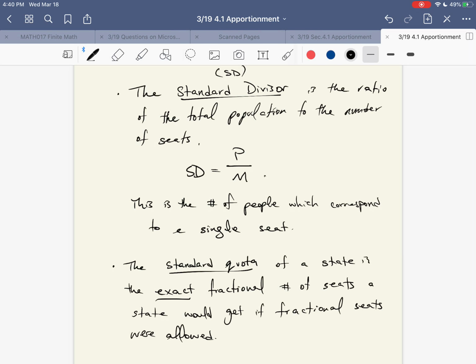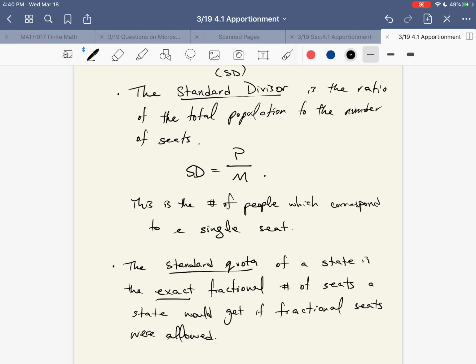If your total population is 20 people in our class and we had 5 seats to give away, well, your standard divisor would be 4, 4 people corresponding to each seat. Now, if our class was divided up into 2 states, and one state had 8 people and the other had 12, well, then your standard quota, just taking each state's population and dividing it by the standard divisor, would give you a whole number.